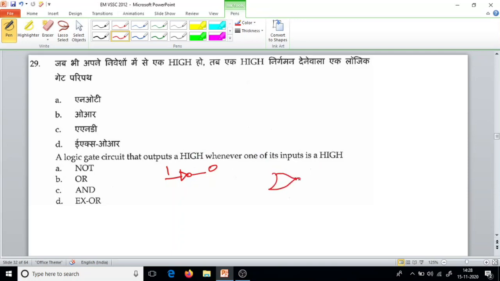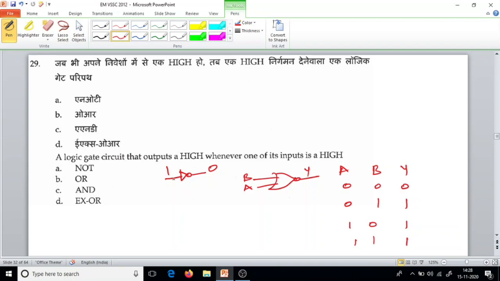If you take the OR gate, what happens? In the OR gate, A and B are the two inputs. A, B and output: 0, 0, both are 0 means output also 0. If it is 0, 1, output will be 1. 1, 0, output will be 1. When both inputs are 1, output is also 1. So this is also okay.